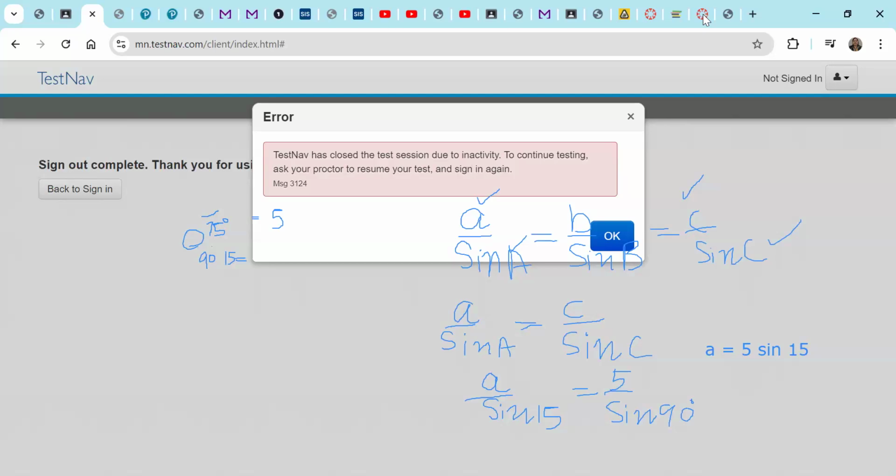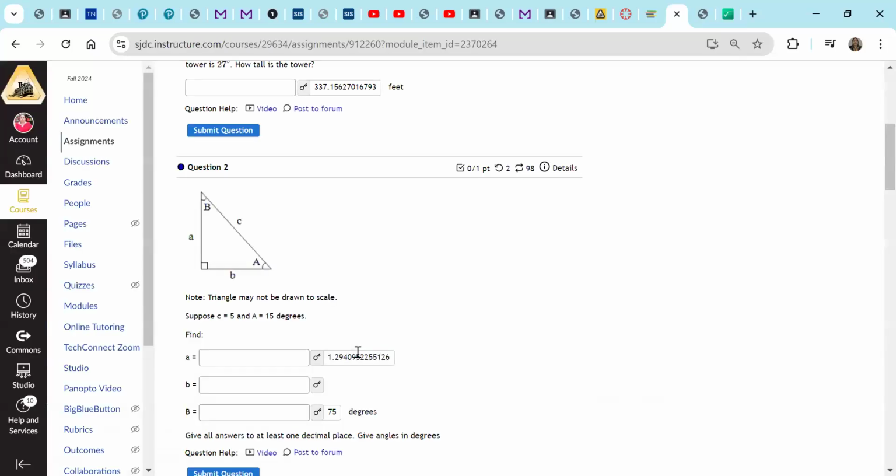And I'm getting 1.2940. Now, if I know the A, I know the C already was given. C was given 5. A is calculated 1.29.